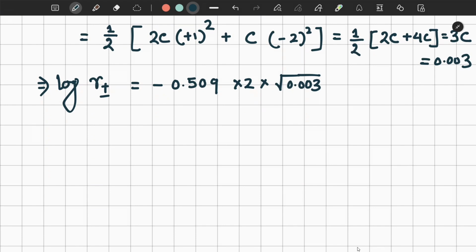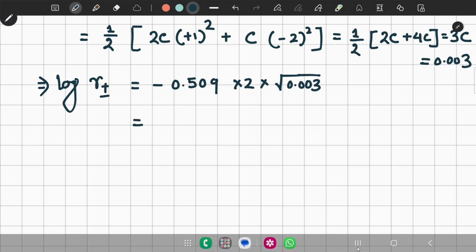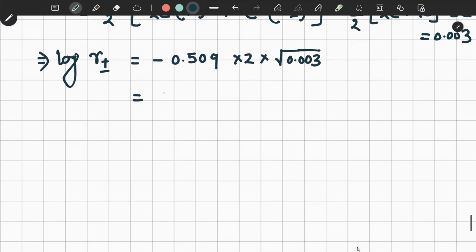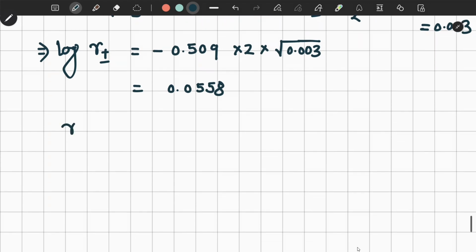Okay, so if you calculate, it will be 0.0558, and the gamma plus minus will be 10 to the power, obviously, minus 0.0558, and it will be 0.8795.